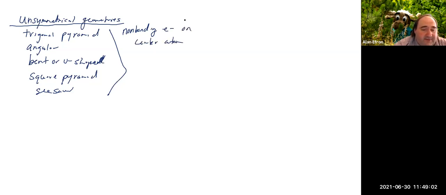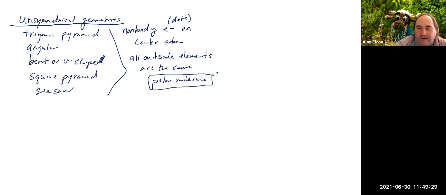So basically dots, right? When you draw your Lewis structure, you end up with dots on the center atom. And if you draw something that has dots on the center atom and all the outside elements are the same, it's a pretty safe bet that you're going to end up with a polar molecule.